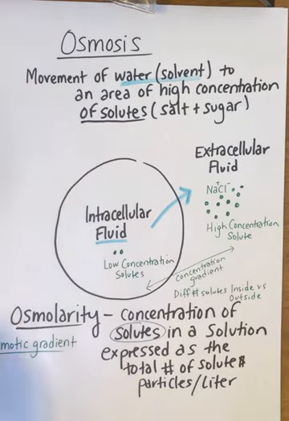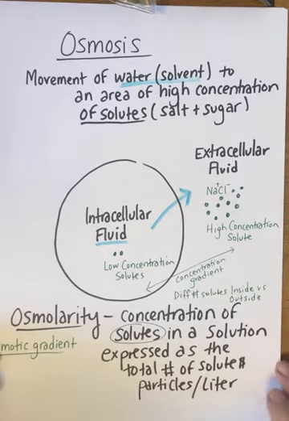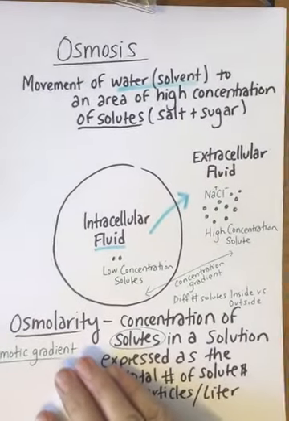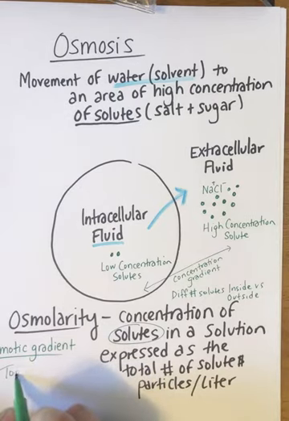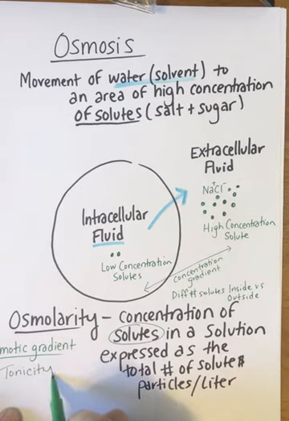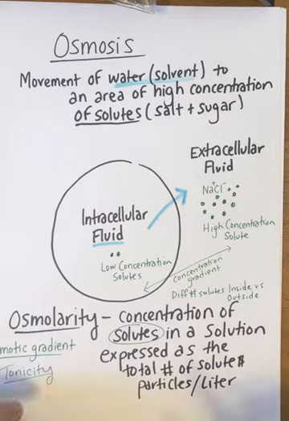So when we talk about osmosis, water always moves to the area of high concentration of solutes. Another term that we use is tonicity. Tonicity pertains to osmolarity. When you say something's tonic, you're talking about the number of solutes inside of a solution.